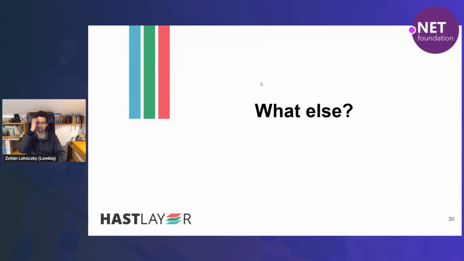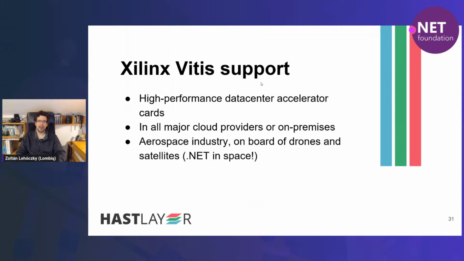Now, a couple of closing remarks. By the way, what Hastlayer supports is a framework called Xilinx Vitis. You can think of this as kind of .NET for FPGAs, because the issue with FPGAs is that since it's low-level hardware development, the hardware design you create, the hardware design that Hastlayer generates, needs to support each FPGA individually.